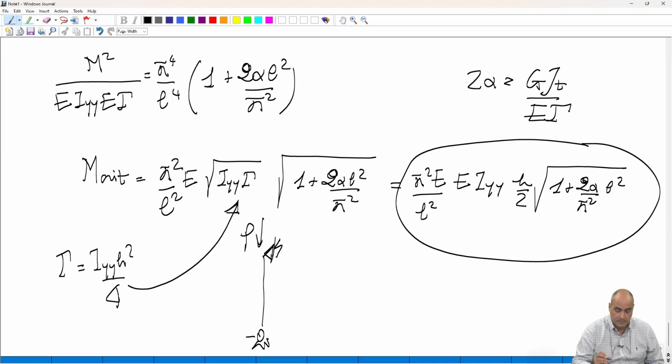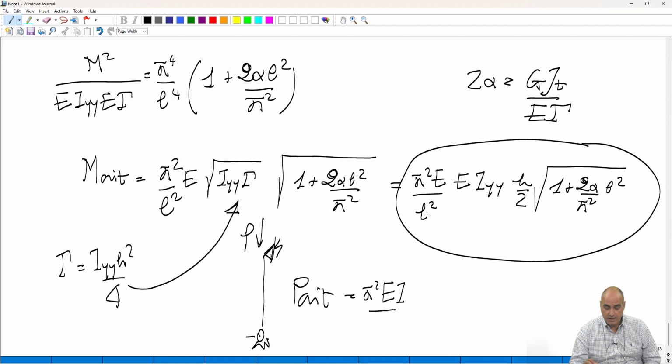The value of the critical load is pi square E J over L square. We have here pi square E J over L square.